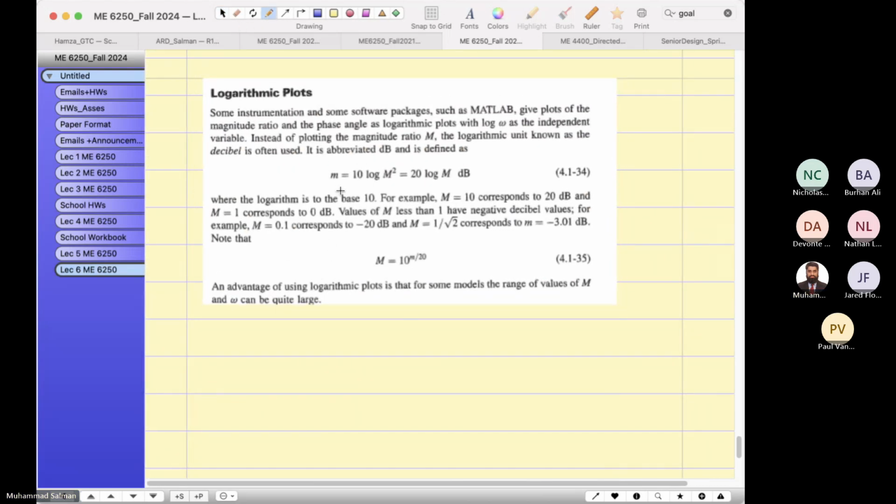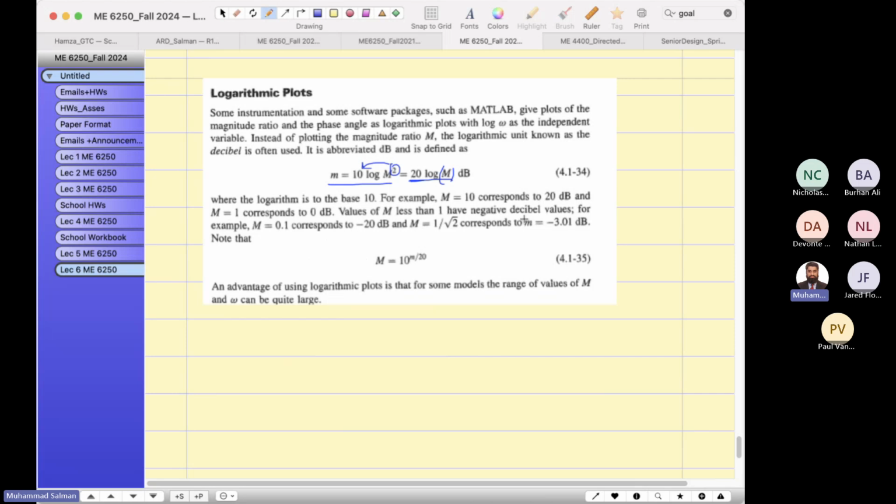Suppose this is m equals to 10 log to the base 10 m square. So this 2 will come multiplied by 10, and you are left with this 20 log m dB. And what is m?